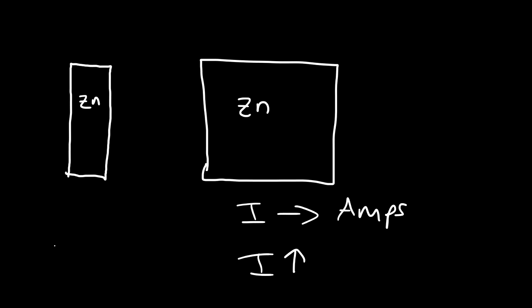So the goal is to increase the surface area of the electrode. If you can do that, then you can increase the interface between the electrode and the solution. So the greater the contact area between the electrode and the solution is, the more current that can be delivered by that battery. So that's how you can increase the current of a battery, by increasing the surface area of the electrode.